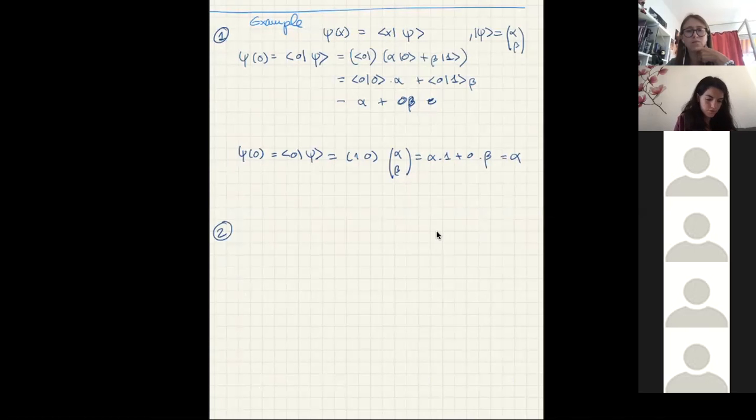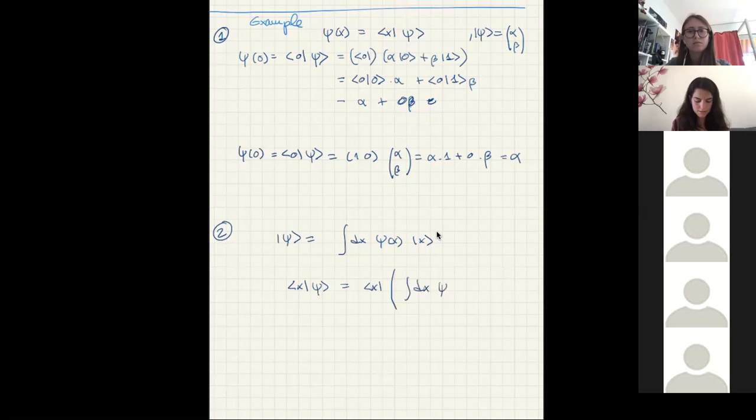Now we have |psi⟩ equals the integral dx |x⟩ psi of x, and if we do ⟨x|psi⟩, you get ⟨x| times this thing, integral dx psi of x, and everything is linear, so everything goes inside the integral.